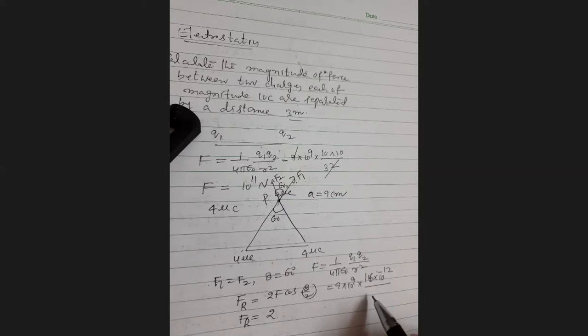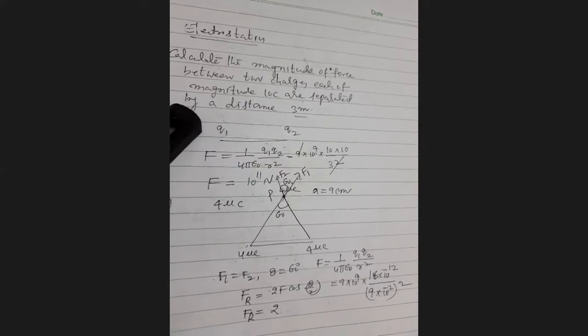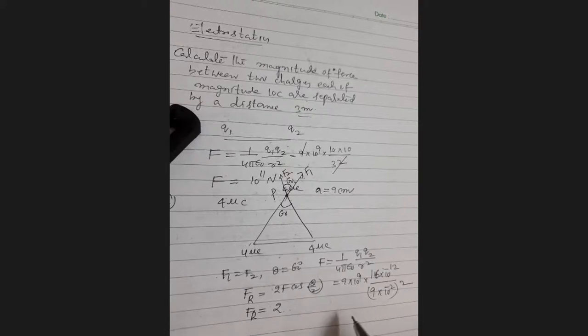Here distance, that is the side of the triangle, 9 centimeter is given, 9 into 10 power minus 2 whole square. So this gives 9 into 10 power 9, 16 into 10 power minus 12 by 81 into 10 power minus 4.